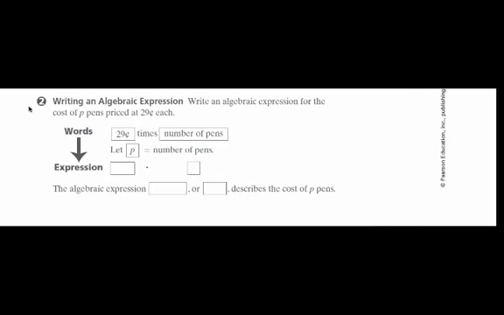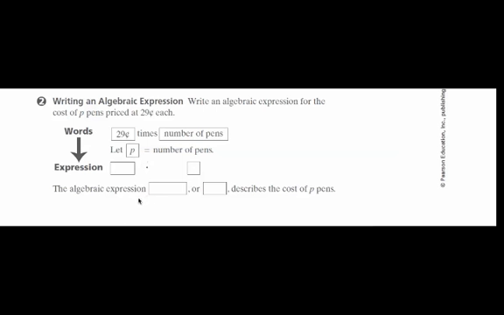Now we're going to be writing an algebraic expression. We're going to write an algebraic expression for the cost of P pens priced at 29 cents each. So if you think in terms of words, we have 29 cents times the number of pens. We just don't know how many pens we bought. So we're going to let P equal the number of pens.